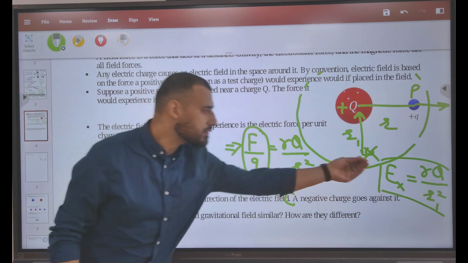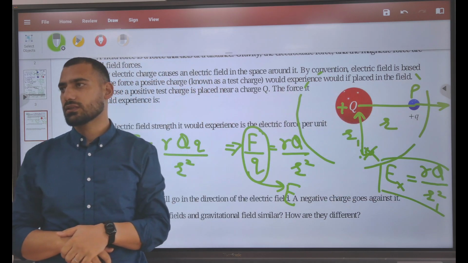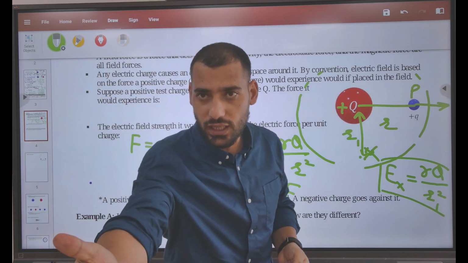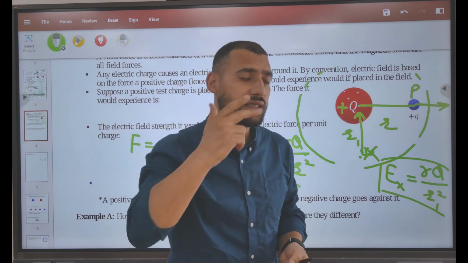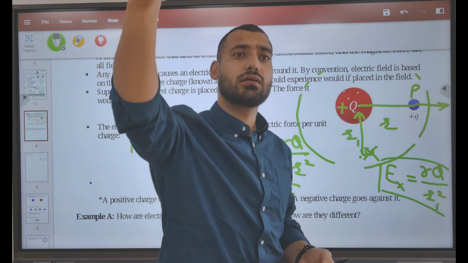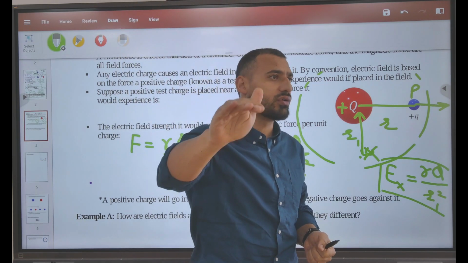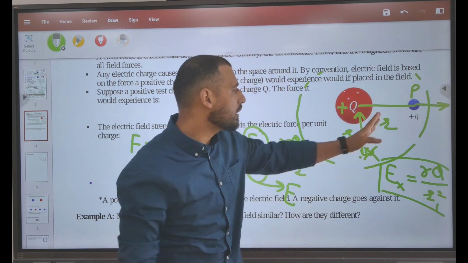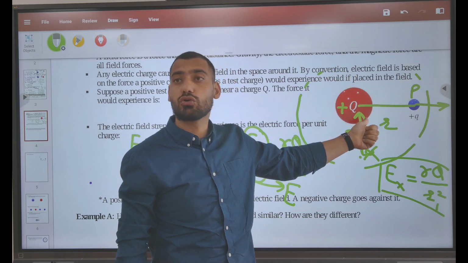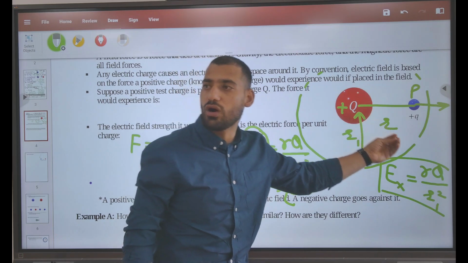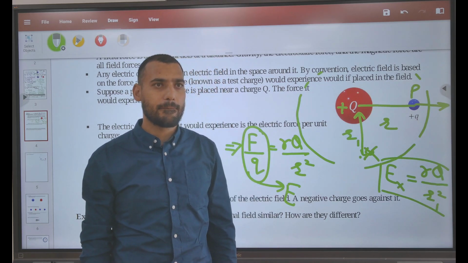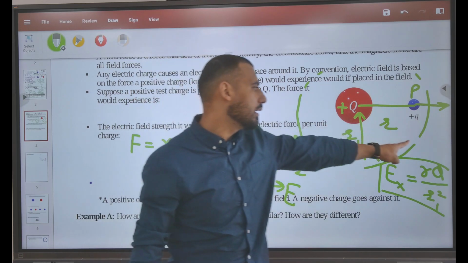So different points will have different electric fields. The strength will be different. Someone who is at the front, for him the intensity that I'm speaking with is more, isn't it? But someone who's at the back, the same intensity becomes low. Similarly, the electric field has more strength when it is very close to the original charge, and when you go away, it is less. Here it is more, here it is less.